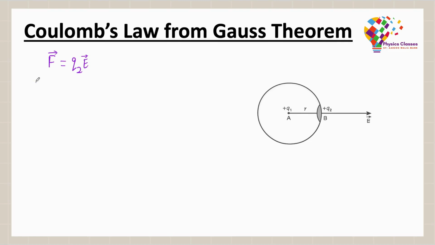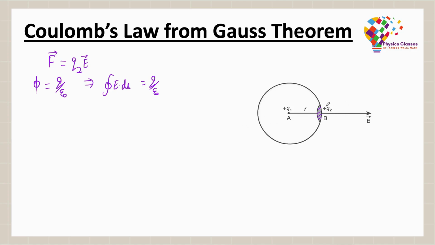Now, as per the Gauss law, I know that the flux through a closed surface is going to be q by epsilon naught. I can further write this as the integral of E dot ds is equal to q by epsilon naught. Now in this situation, if I am writing the flux for this small part over here, you can again see that my E and my ds vector both are parallel.